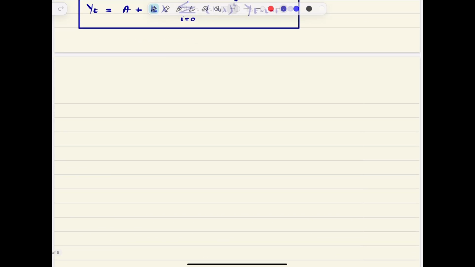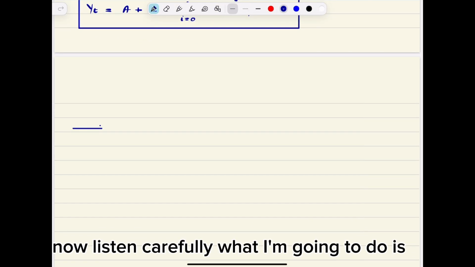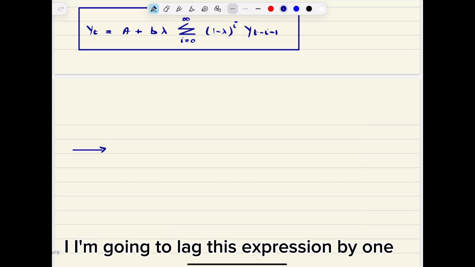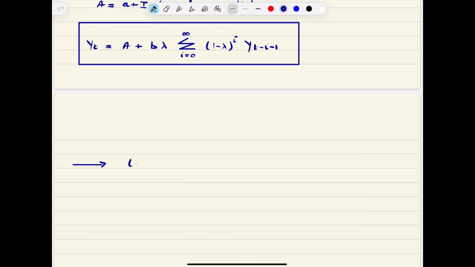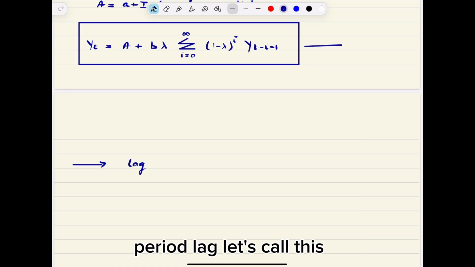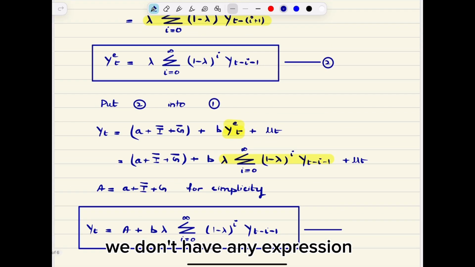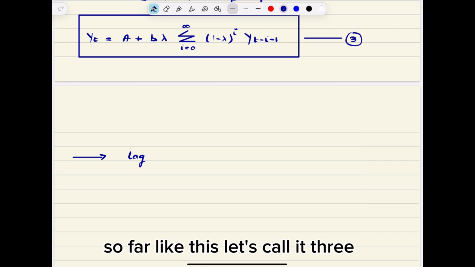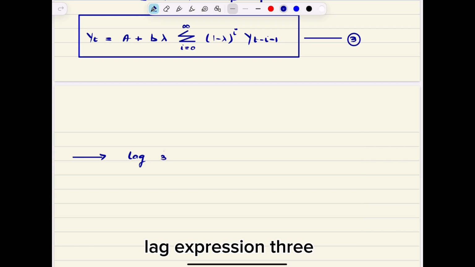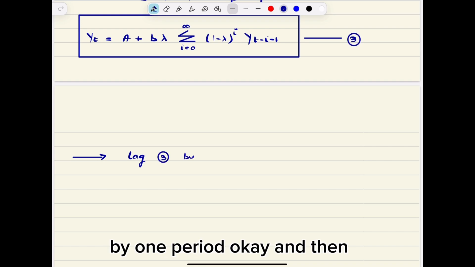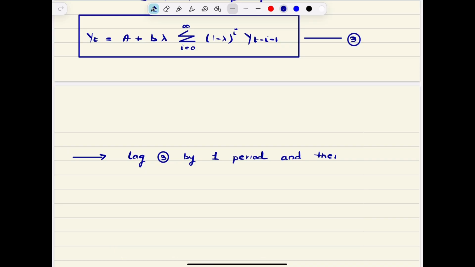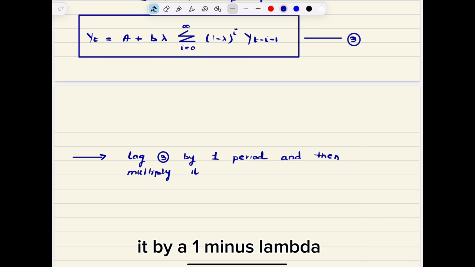Okay, now listen carefully. What I'm going to do is lag this expression by 1 period. Let's call this expression 3, since we don't have any expression so far like this. Lag expression 3 by 1 period, and then multiply it by (1 minus lambda).